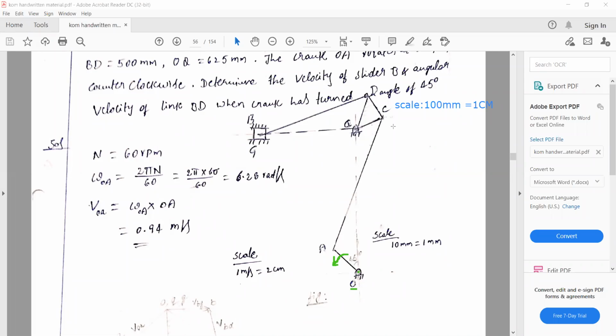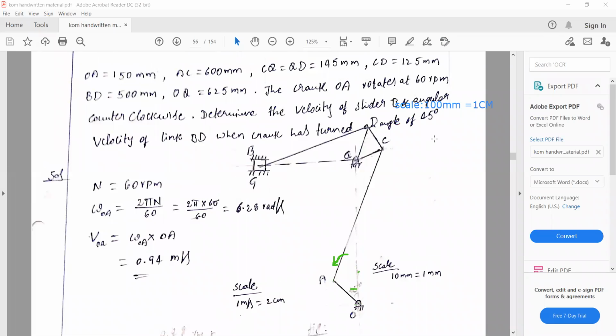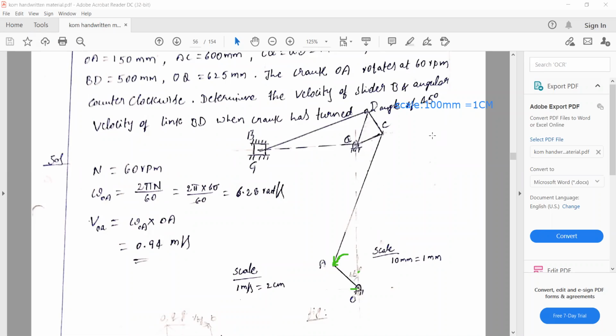And now AC is there, AC length. AC is how much? AC is 600. So now we have to take the compass and arrange the distance of 6 centimeter and cut the arc. Cut the arc. And now the Q point is also identified here.